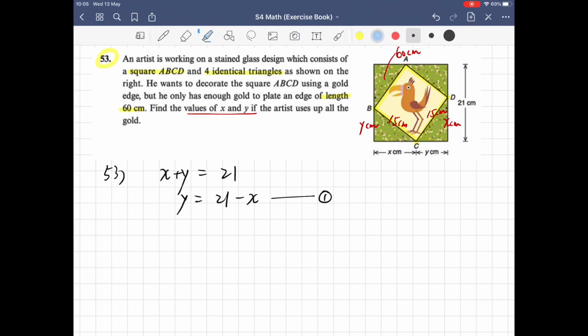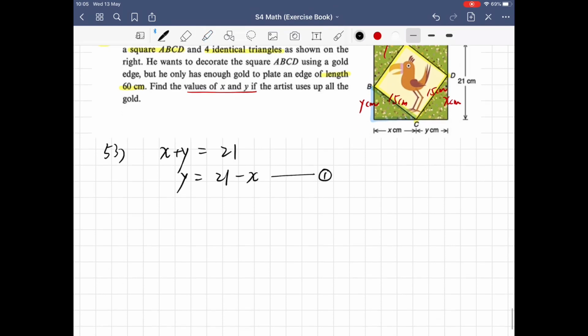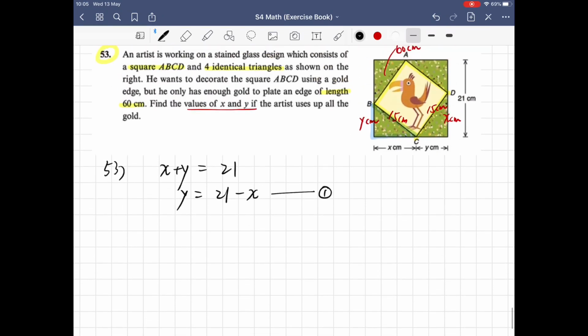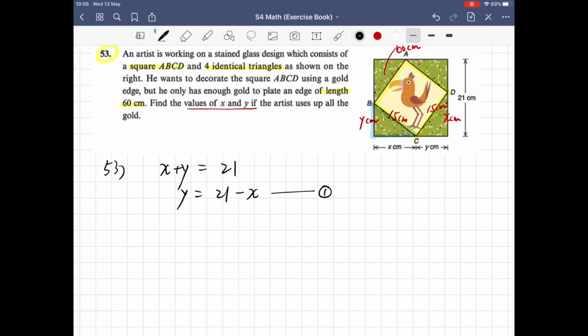Then for the second equation, I will make use of the triangle. With the aid of Pythagoras' theorem, we will know that x squared plus y squared equals the square of 15, so that we have x squared plus y squared equals 225.